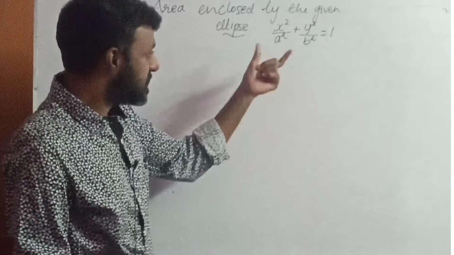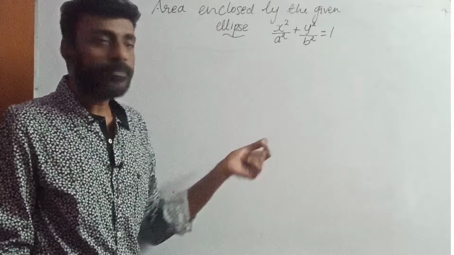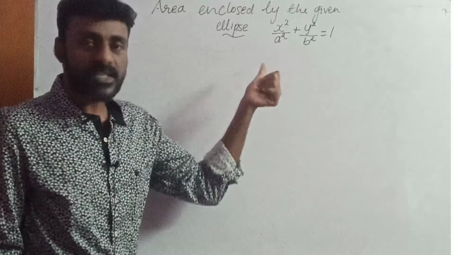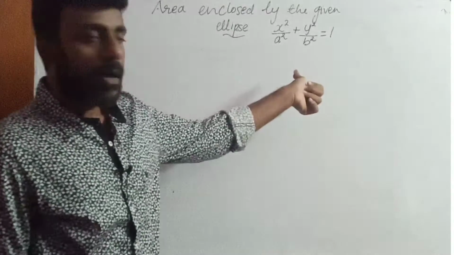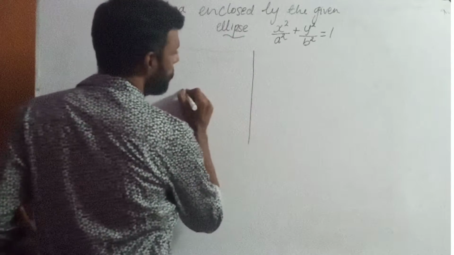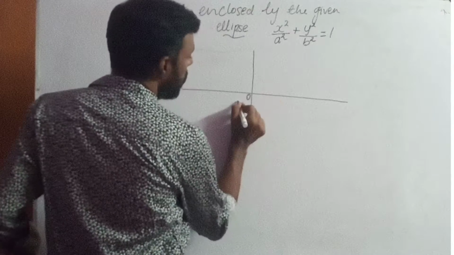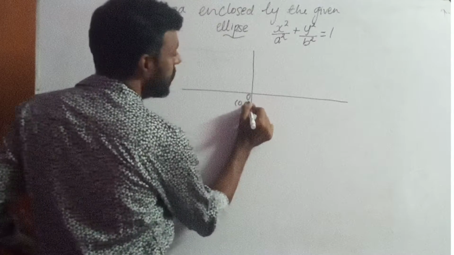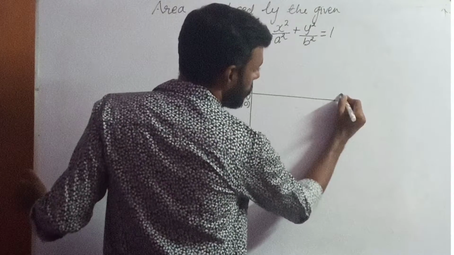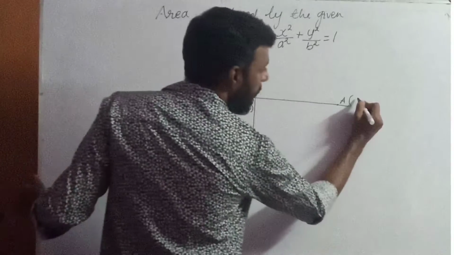First, I'm going to draw an ellipse whose center coincides with the origin of the axes. This is the axes. This point is the origin, with coordinates 0, 0, and this is the point A, whose coordinates are a, 0.